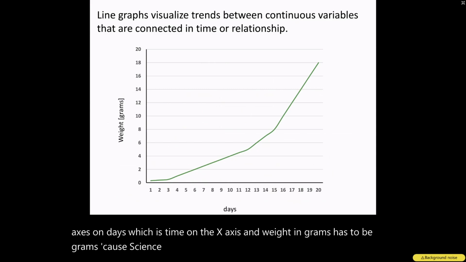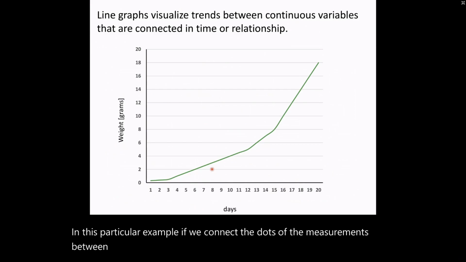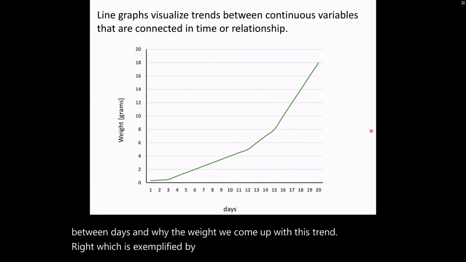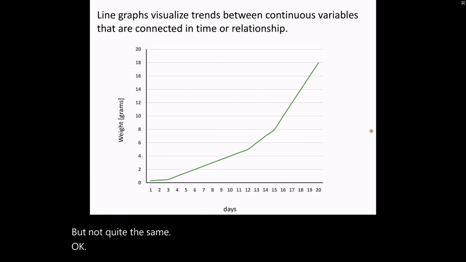Okay, so in this particular example, if we connect the dots of the measurements between days and y, the weight, we come up with this trend, right, which is exemplified by the line graph. So similar to the scatter plot, but not quite the same. Okay. All right. So that's 3: pie charts, scatter plots, and line graphs.